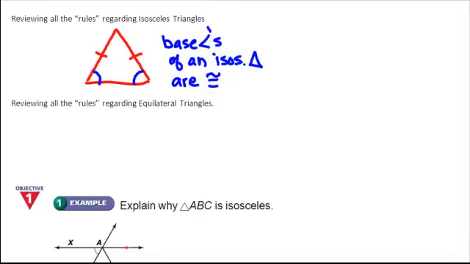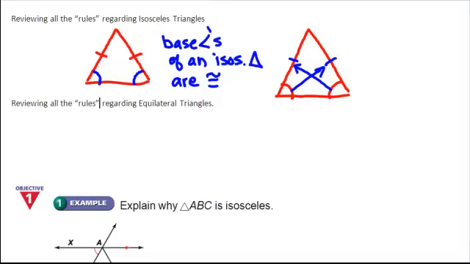If you flip it around, if you have a triangle and you're given these two angles are congruent, then the converse is true. If these two angles are congruent, then this side and this side are also congruent, making this an isosceles triangle. That's called the converse.